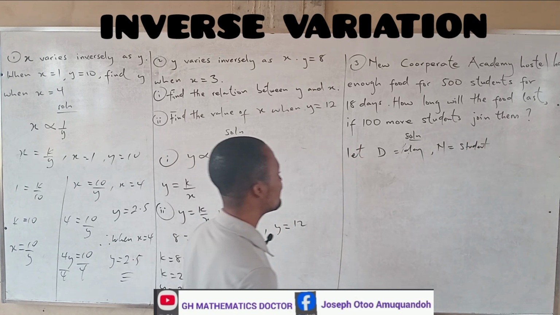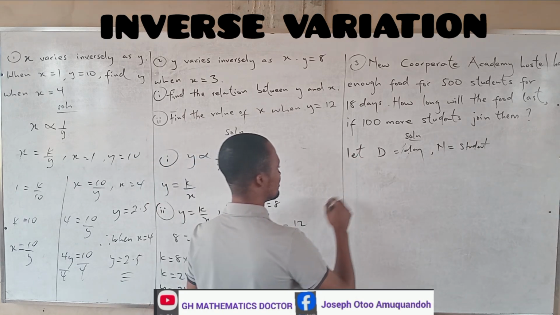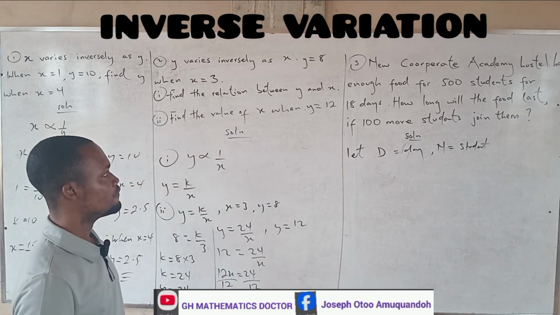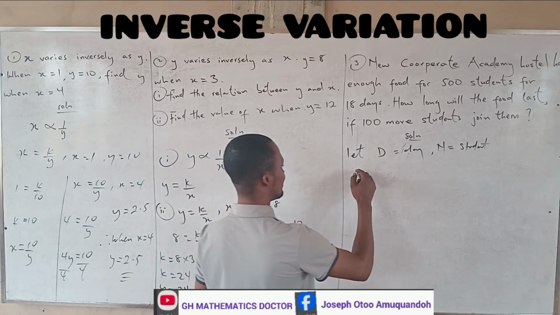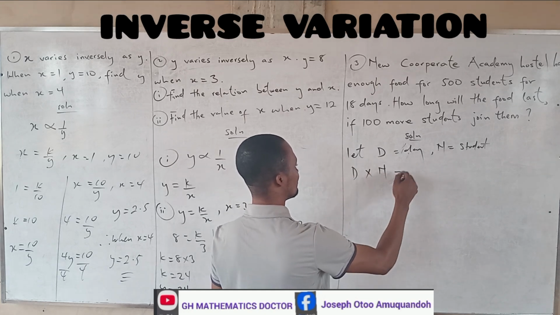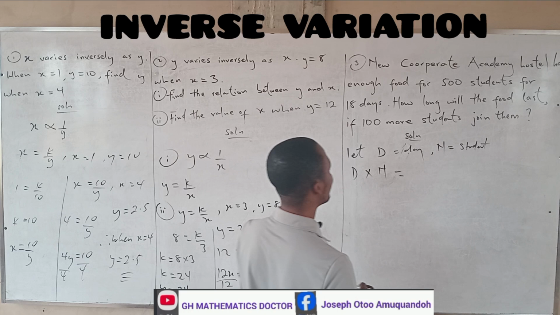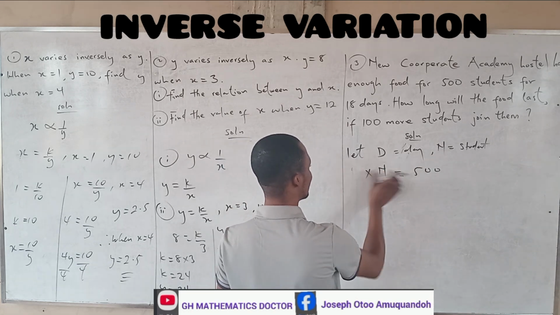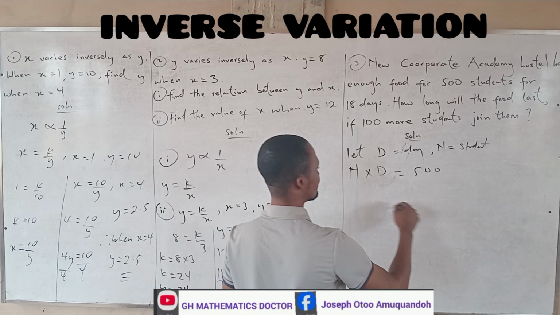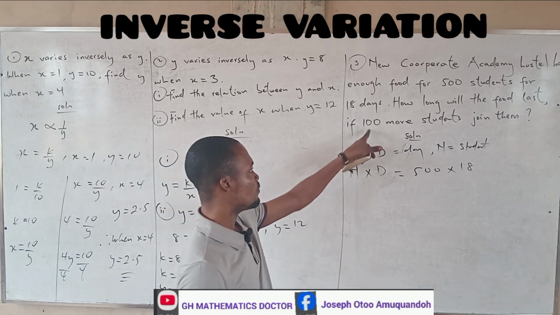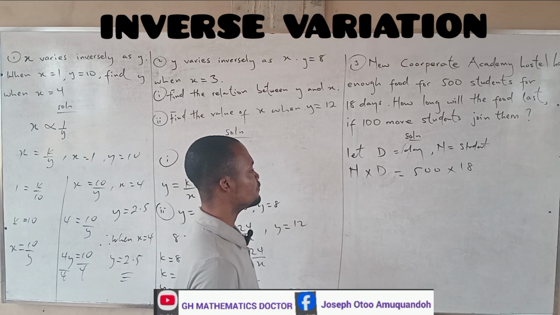All right, so for the first expression, they are saying that the number of students was 500 and they are going to use the food for 18 days. So we are saying that D by N gives us the expression. So let's present the number first, the number by the days. So 500 by 18. Now they are saying 100 more students join them. So how long will the food last then?